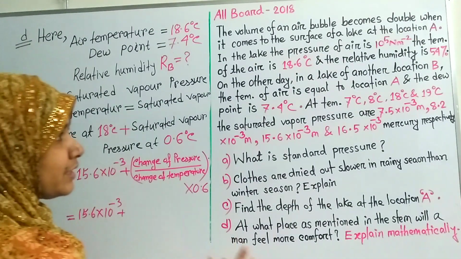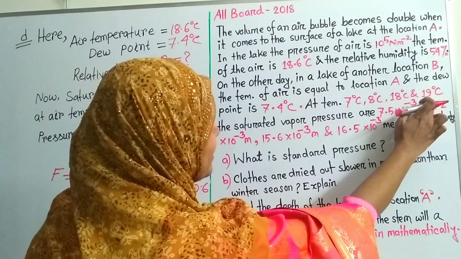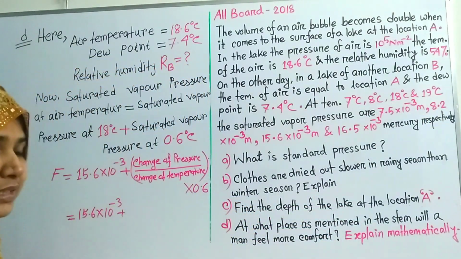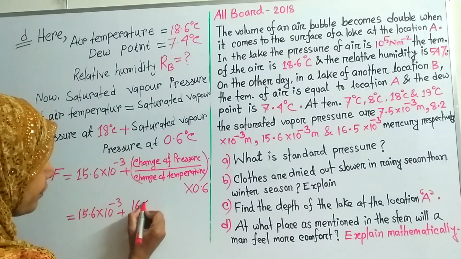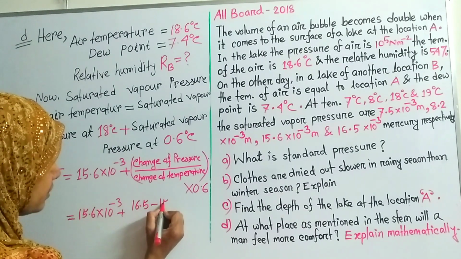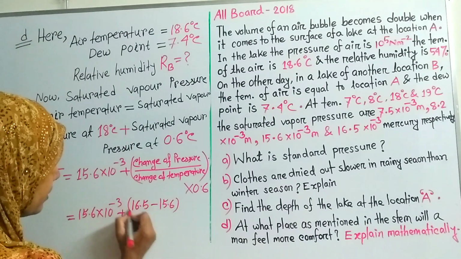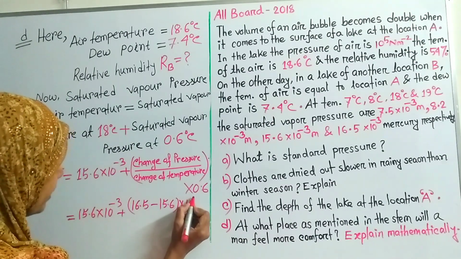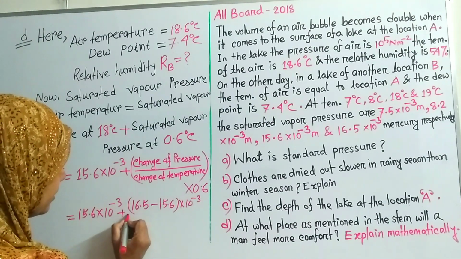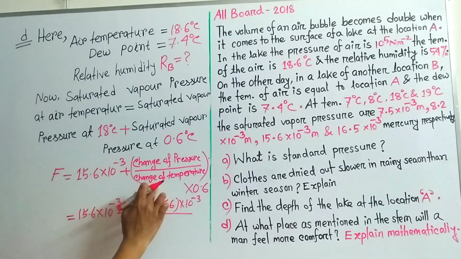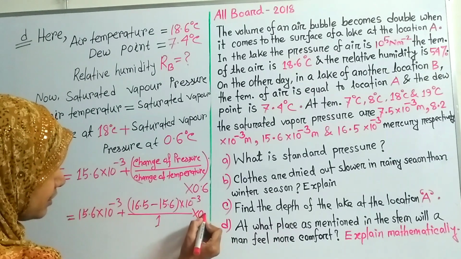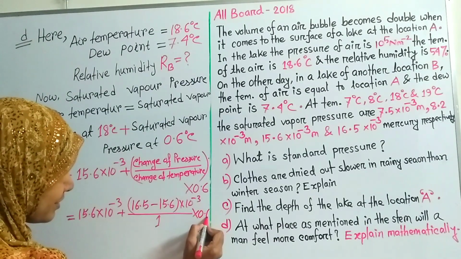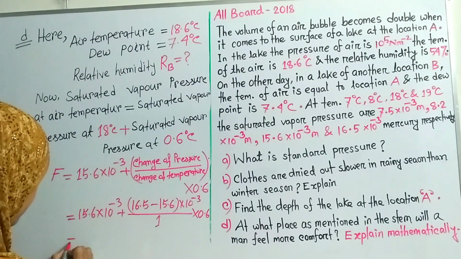We consider the change of pressure from 19 degrees Celsius minus 18 degrees Celsius, so that will be 16.5 minus 15.6 into 10 to the power minus 3, divided by the change of temperature, which is 1, multiplied by 0.6.